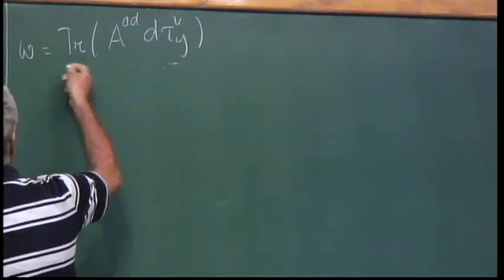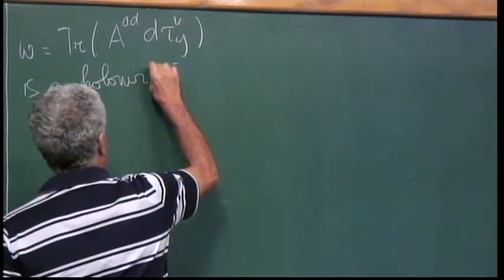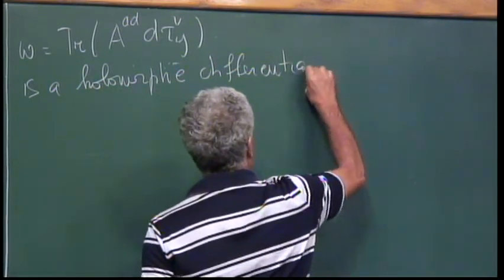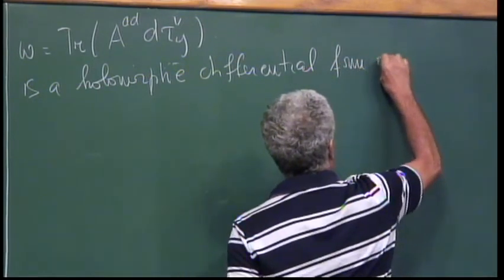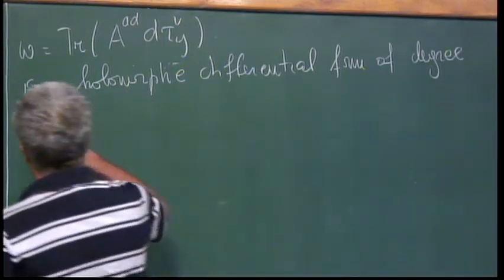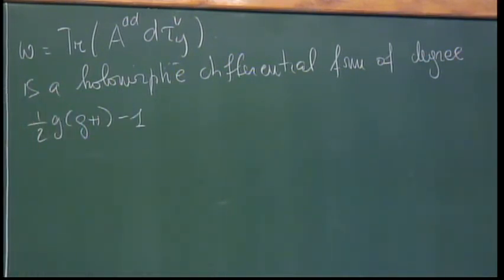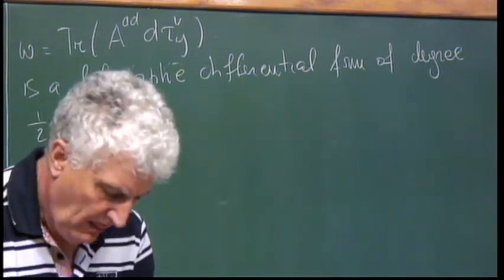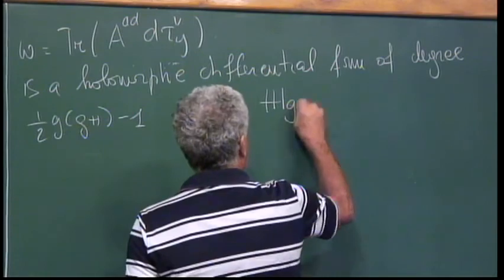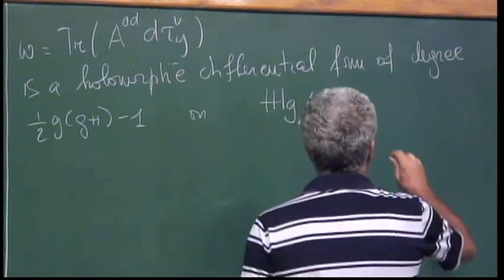This formula is a holomorphic differential form of degree 1/2 g times (g plus 1) minus 1, so minus 1 of the top degree, on H_g mod gamma, where gamma is a suitable subgroup of finite index.